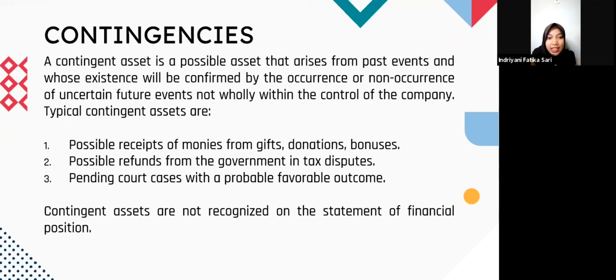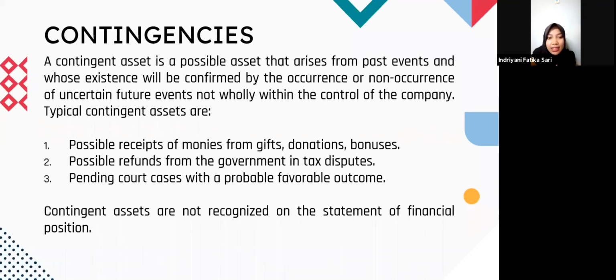A contingent asset is a possible asset that arises from past events and whose existence will be confirmed by the occurrence or non-occurrence of uncertain future events not within the control of the company.